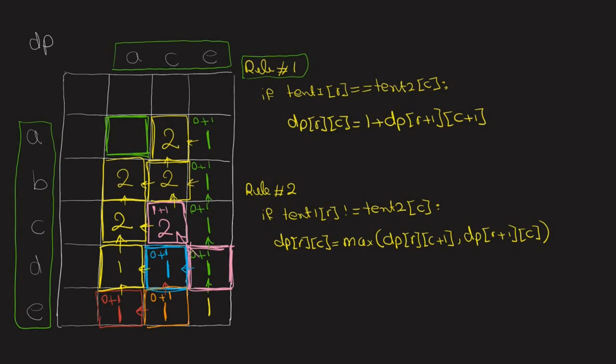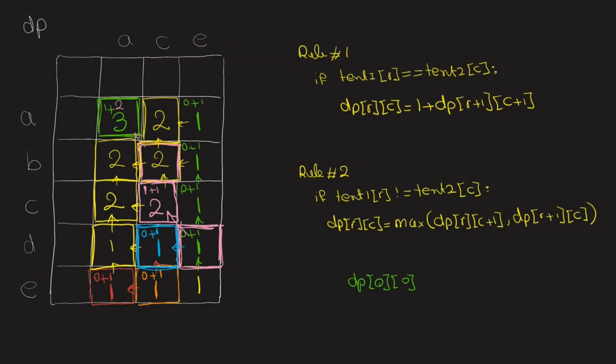So technically we need to provide the answer 1 plus the result of matching of this substring to this one, which is already calculated at this diagonal location. So we just provide that from here. So 1 plus 2. So the final answer for us is 3. And 3 is dp 0, 0 that we are gonna return as our output.